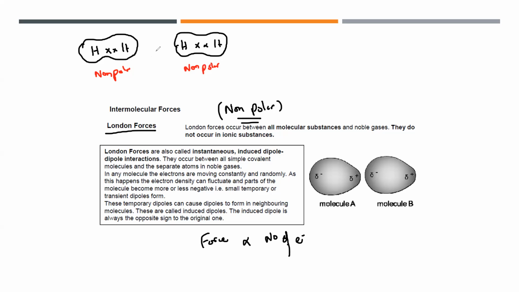So if two non-polar molecules are there, what kind of intermolecular force exists between them? They will try to attract each other. And what we call this force is London dispersion force or weak van der Waals force, or the dipole-induced dipole, or instantaneous or induced dipole force.